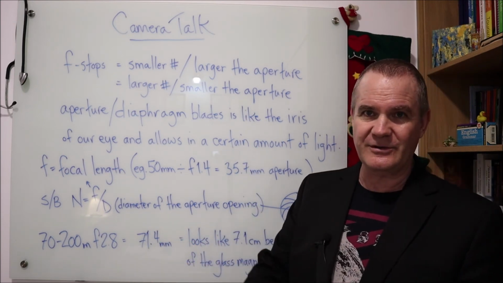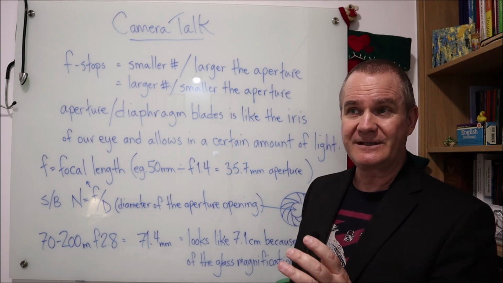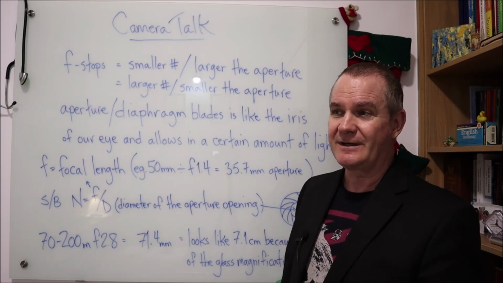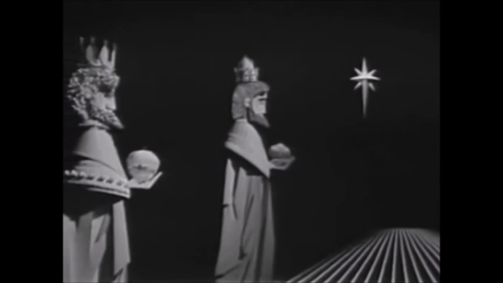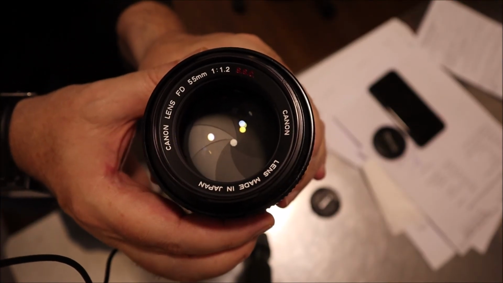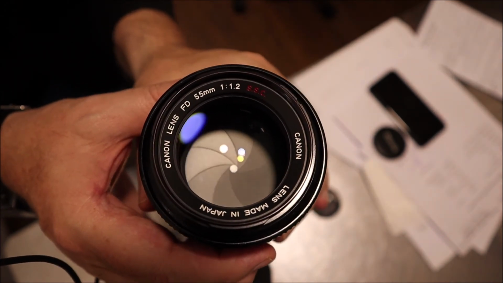So again, let me show you the actual barrel of the lens, so you can look down into it and see the aperture. Here we can see the diaphragm of this particular lens.